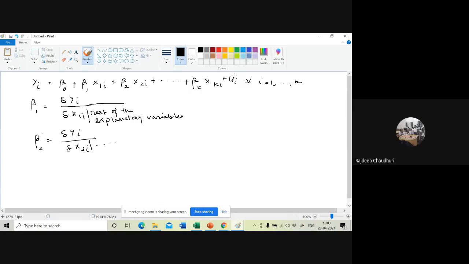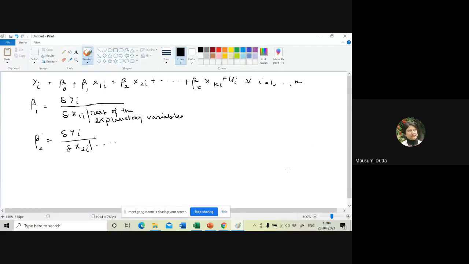So if this is the notion of regression coefficient, isn't it actually related to the notion of partial correlation? Partial correlation also measures this thing, correlation between y and x, given the rest of the explanatory variables. Are you getting this point or still a problem?